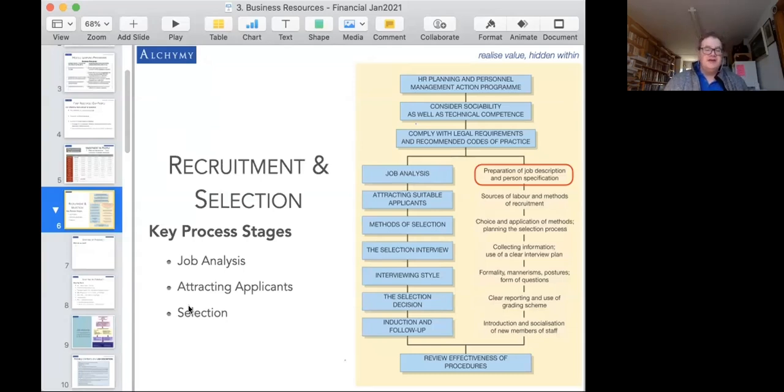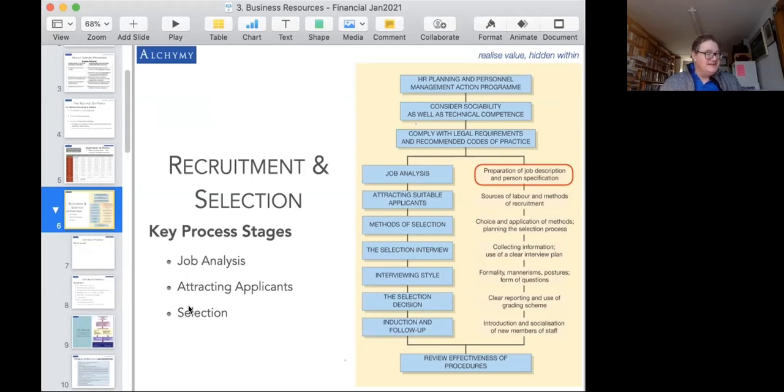So recruitment, and I'm not saying that you don't break these down to smaller levels, but recruitment is actually quite different from selection. Recruitment is about getting as many people as possible who can do the job to apply for the job, and from them to choose the best option, which is the selection.